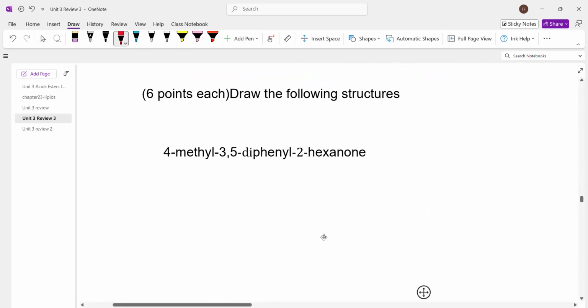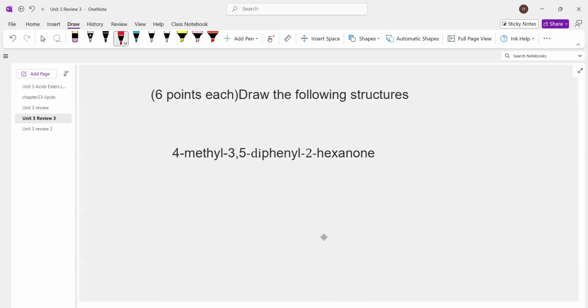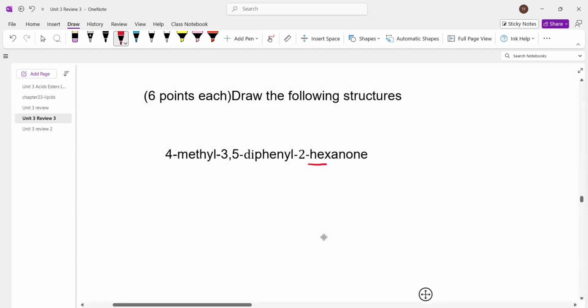So we have a six carbon ketone, number 2. And we have a branch at 4. That's 1, 2, 3, 4. And at 3, we have phenyl. And at position 5, we have phenyl.